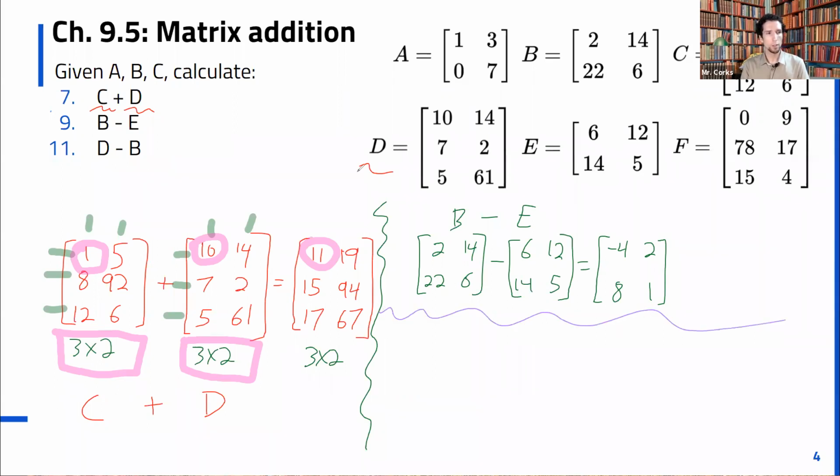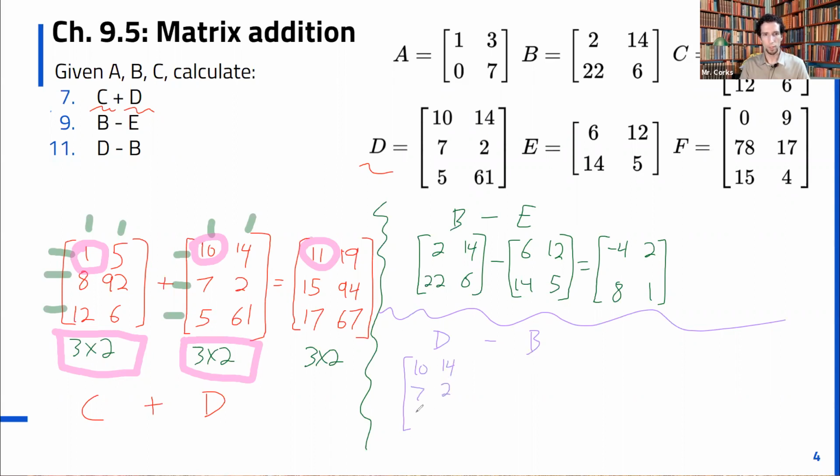The last one, D minus B. Impossible, we stop. Okay, why does it not work? Because D is a 3x2 system and B is a 2x2 system.